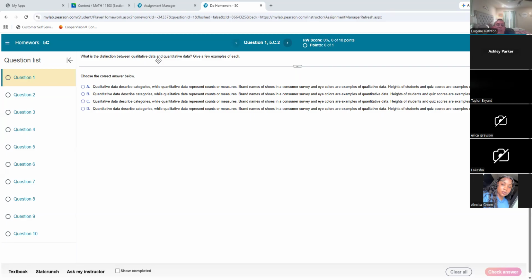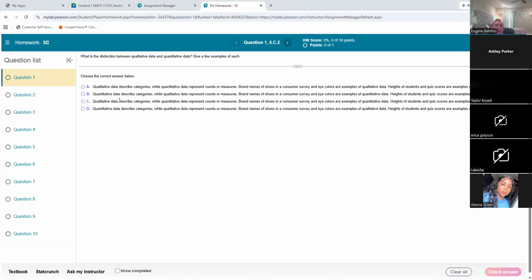And our quantitative data was our counts and measures. But now you got to look at these reasons. This one says brand names of shoes and eye colors are examples of qualitative. Heights of students and quiz scores are examples of quantitative. So, that sounds pretty good.